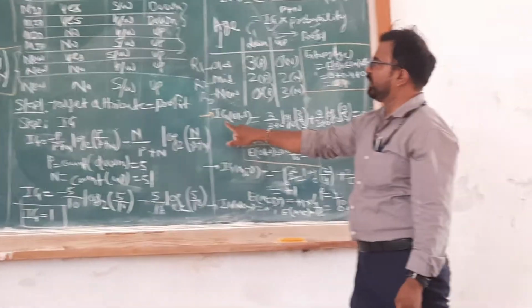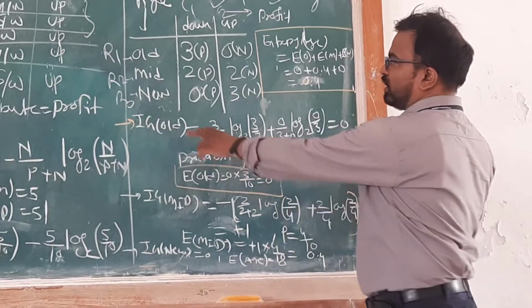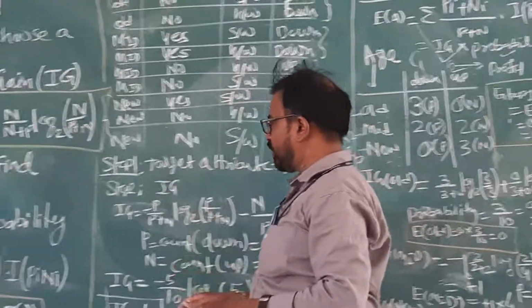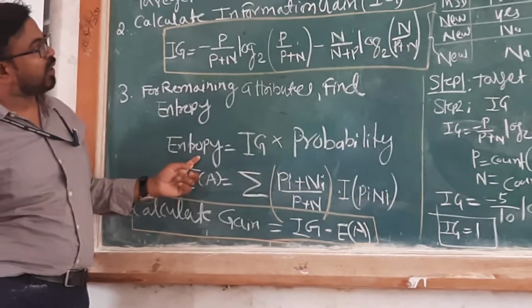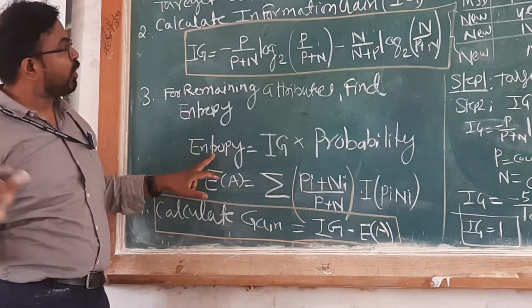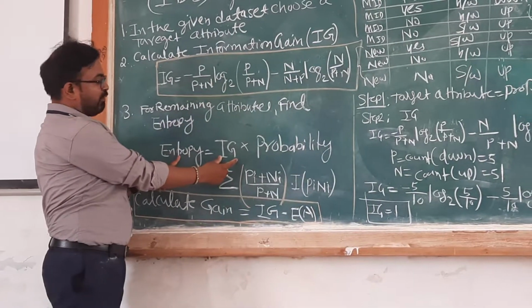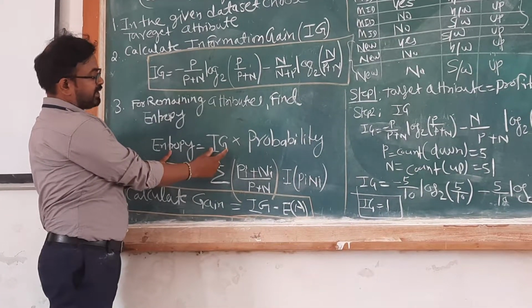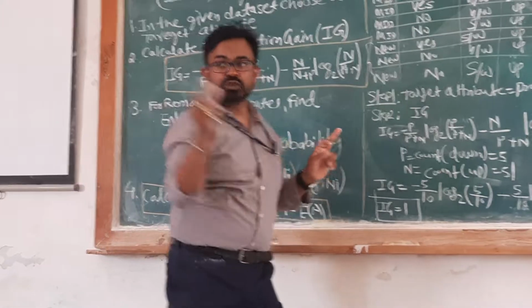Let us calculate the information gain for the old. How do you calculate entropy? Suppose you want to calculate the entropy for the old, then you have to calculate the information gain for the old into its probability.